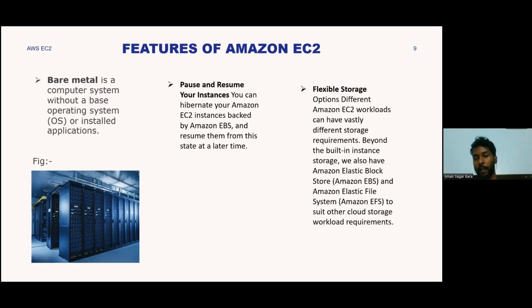Flexible storage is that if I have a CPU and a RAM capacity of 1 GB, and people hit my site or application more than that, then my RAM and storage can crash, and because of that my storage will be full. So we can also upgrade that by increasing the RAM and storage.